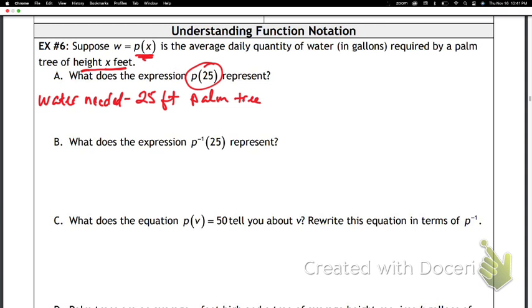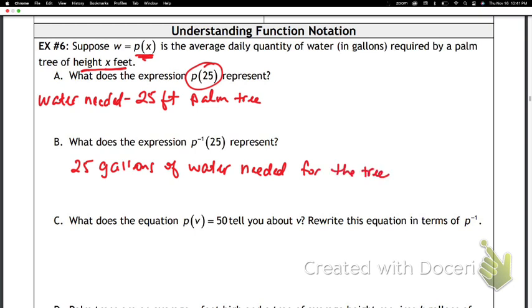On the next one, though, it's doing the inverse. So it's saying 25 gallons of water needed for the tree. All right, on the next one. Well, actually, it's when you have 25 gallons of water, it tells you what the height of the tree would be.